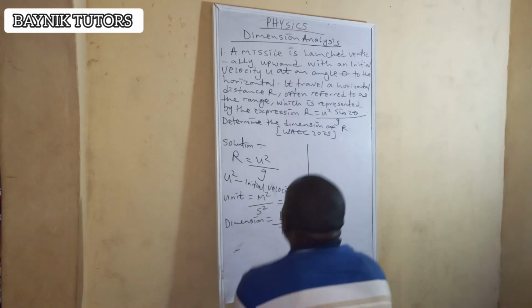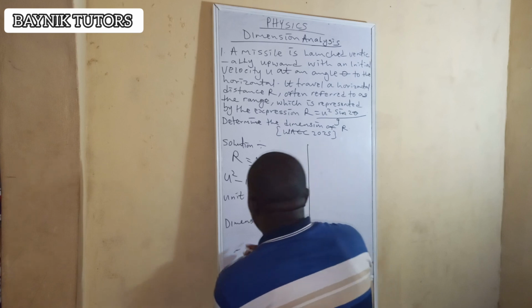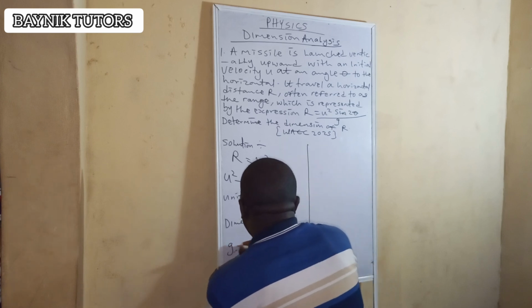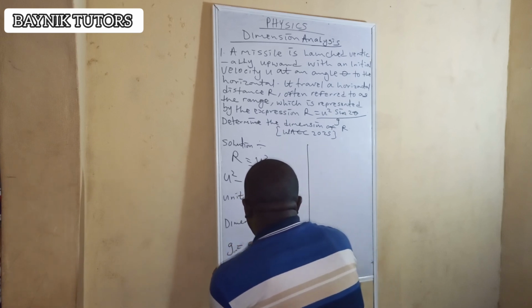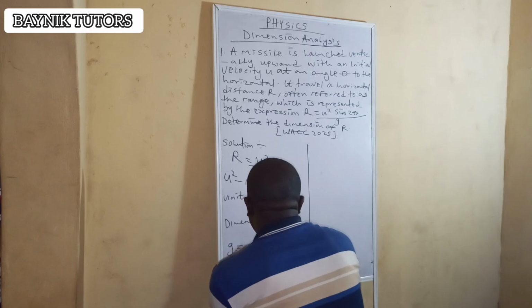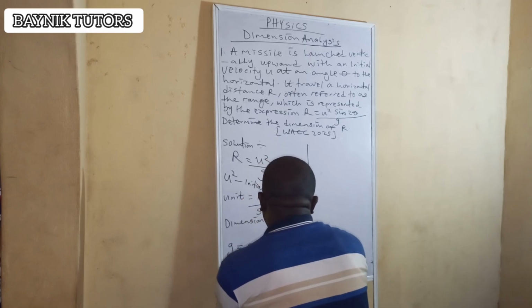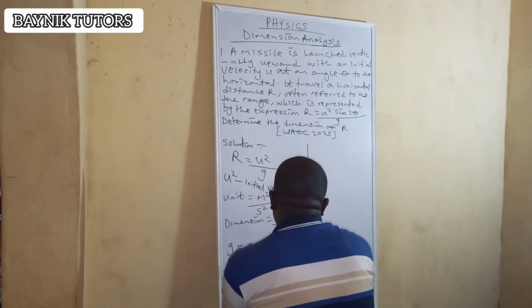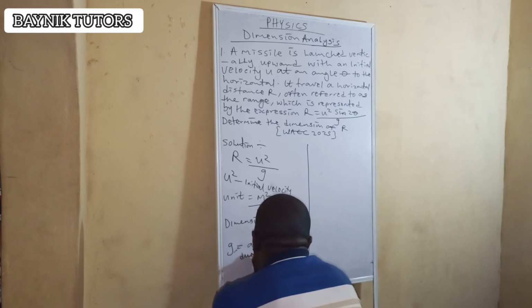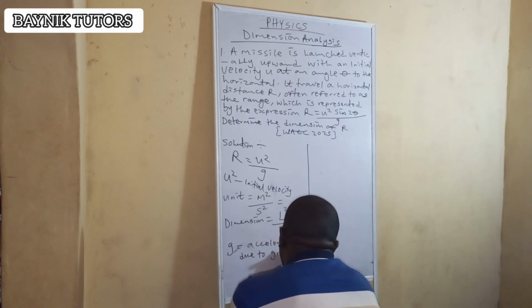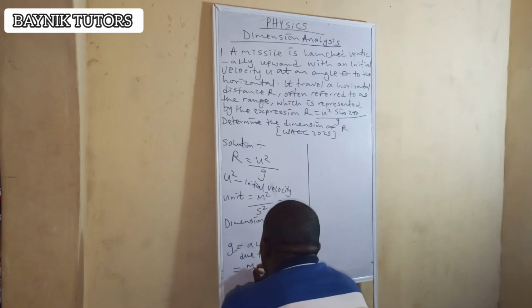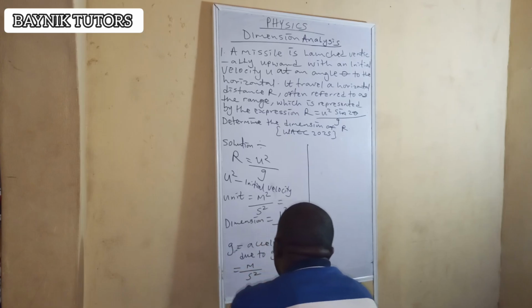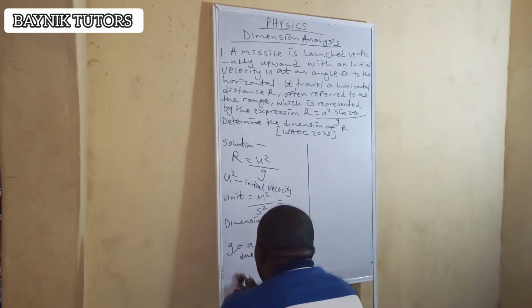Then we can move to g, which is gravity, or acceleration due to gravity, which is meter per second squared as far as the unit is concerned.